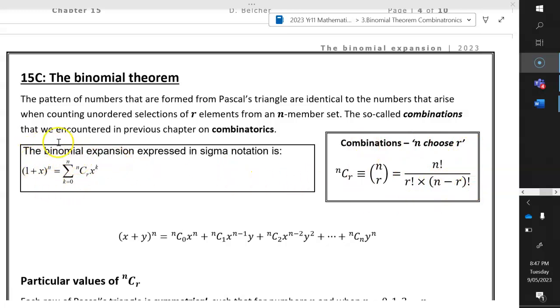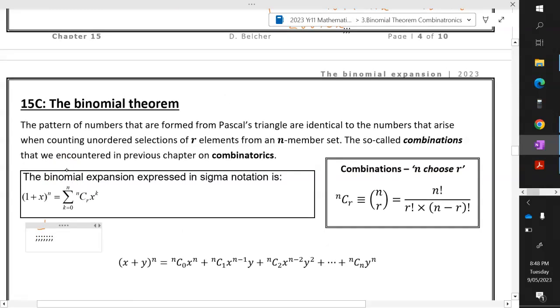Over here on the left, it shows us what the binomial expansion expressed in sigma notation is. Just note that, but we're going to have a look at that in a little bit more detail. We looked previously at expanding 1 plus x to the n in 15A. And here it says, and that little symbol there, which you may or may not have come across before, it's another Greek letter, and its name is sigma.